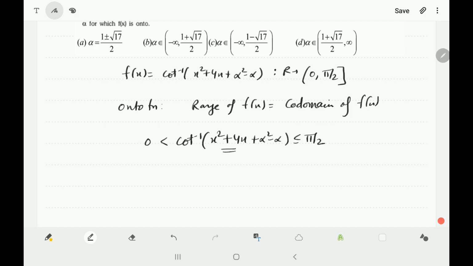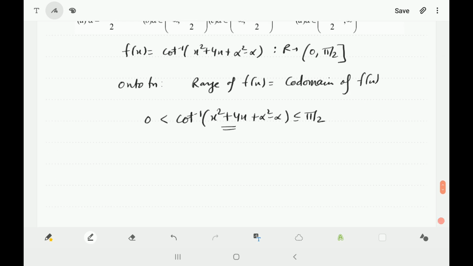We just have to make sure that the range is open 0 to pi by 2 close. Now if you take cot on this interval, you already know cot is a decreasing function in 0 to pi and all other intervals. So you just have to interchange the inequality, change the sign of the inequality. Cot of pi by 2 is 0 and cot of 0 is infinity.